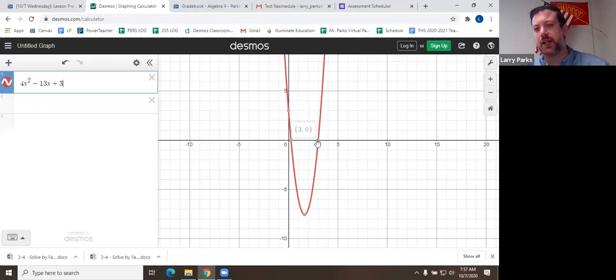So that's 2 different ways of thinking about it. So if I plug 3 in here, I would get 0 because 3 squared is 9. 9 times 4 is 36. And then 13 times 3 is what, 39? So I got 36 minus 39 is -3. And then you add the 3, you get 0.